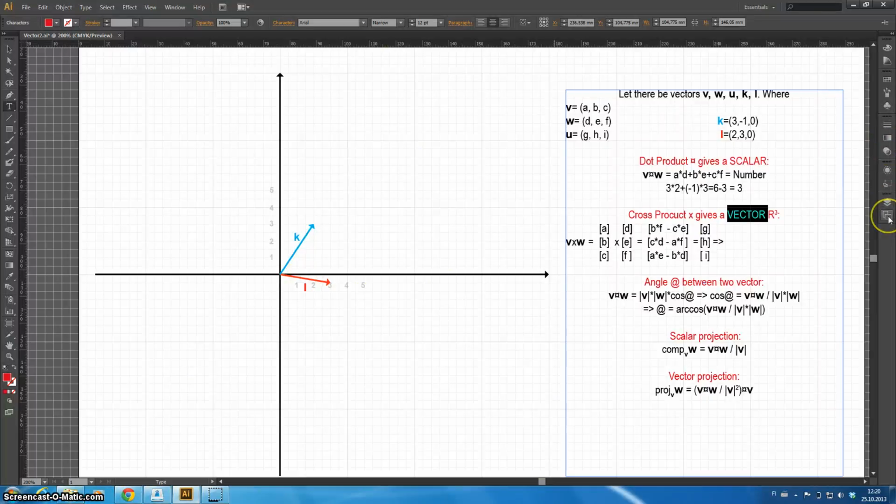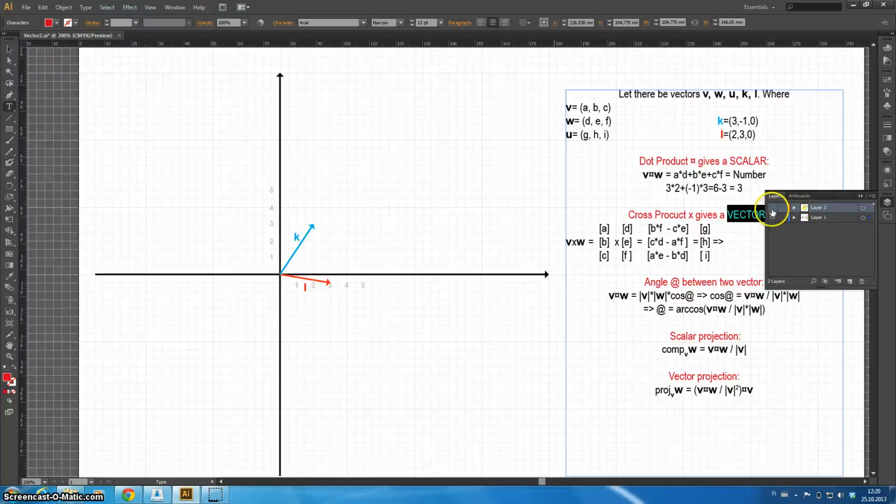I had a layer where I show you those two vectors, and what I meant is that their length is the area spanned by these two vectors.